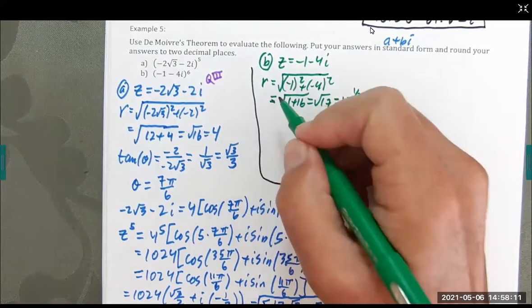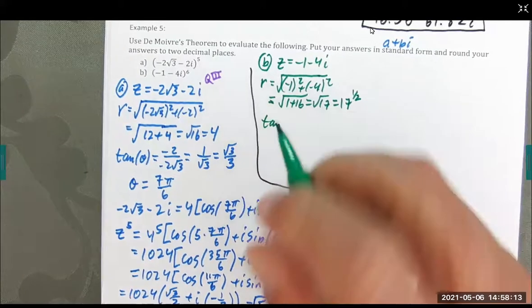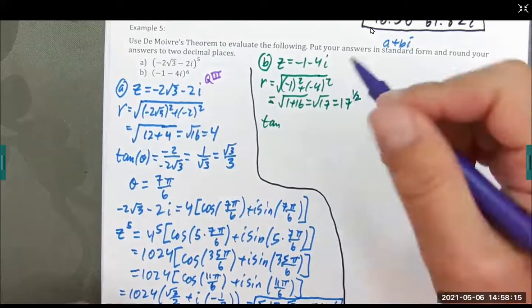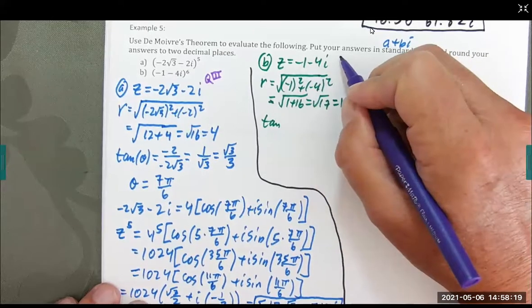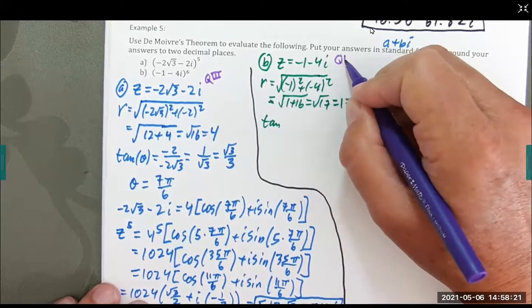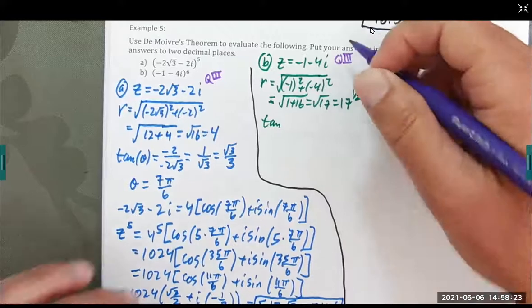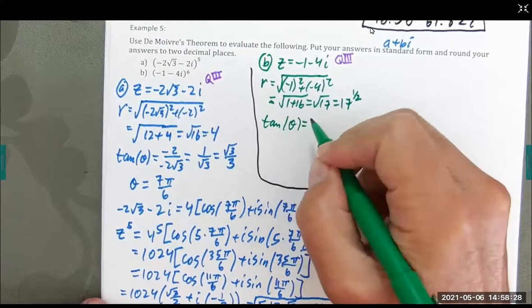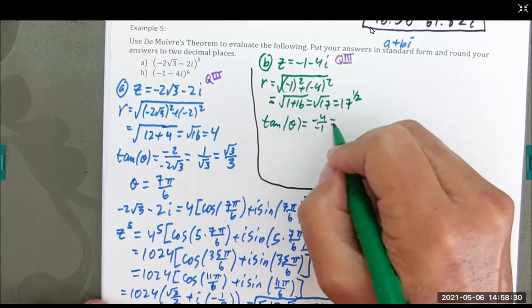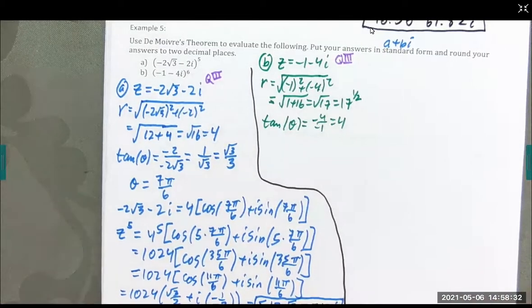Next up, tangent of theta. Again, keeping in mind that we are in quadrant 3 again. I know that because both a and b are negative, so I'm in the third quadrant. Tangent of theta is negative 4 over negative 1, or just 4. Now, once again, when I do inverse tangent, this is going to give me the value in quadrant 1.